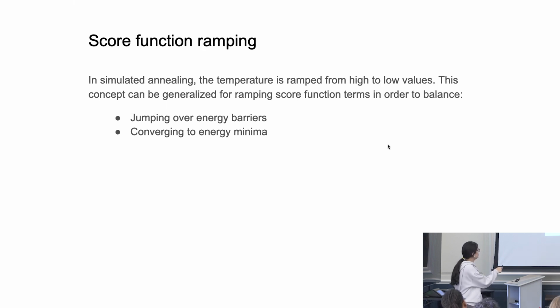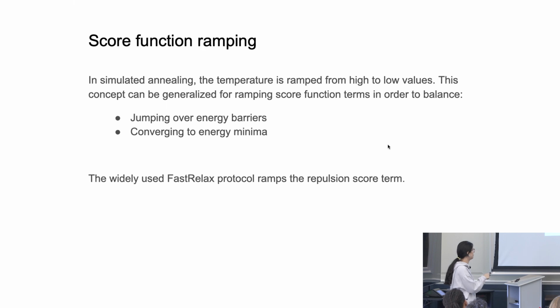And then once you do get there, don't lose the progress you made and converge on that answer. And we're going to talk about fast relax, and you'll get a chance to use it in lab.